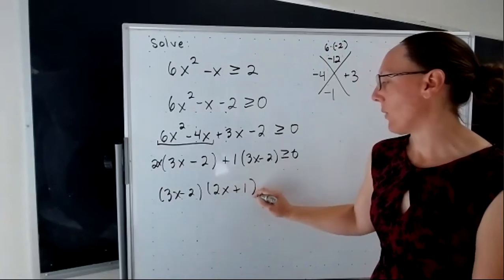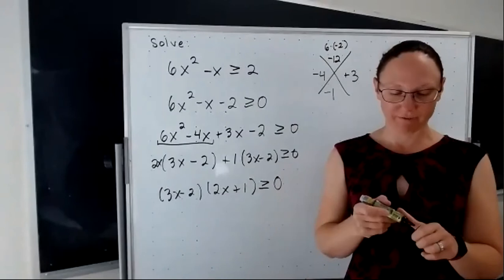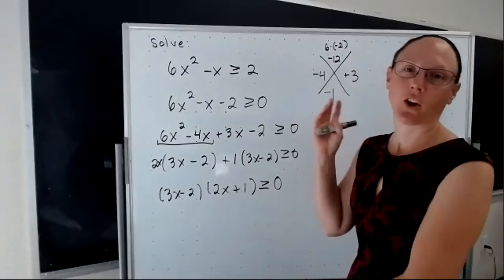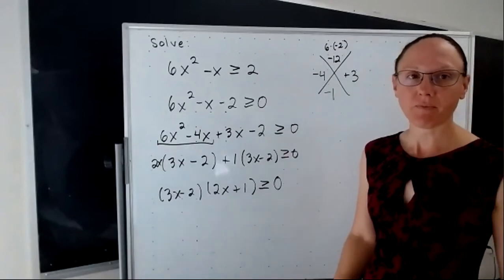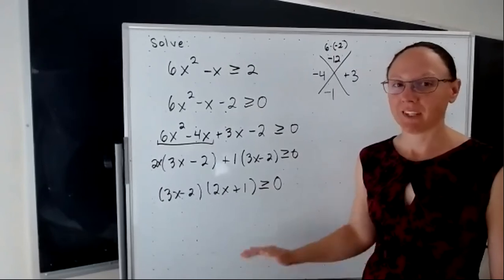That is not the only way to get this factored. However you want to get it factored is totally fine. I just realized I've been writing most of them the other way, so I'm trying to change it up a little. You can factor however you want.